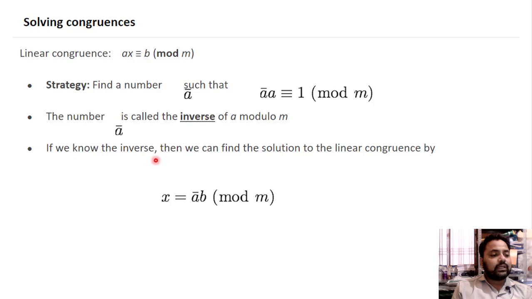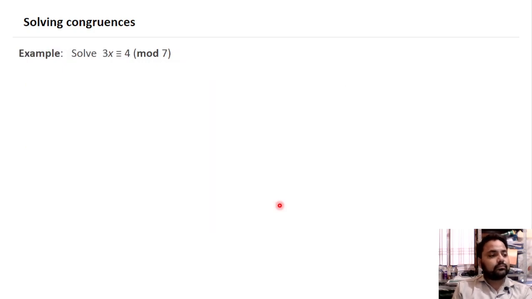If we know the inverse, then we can find the solution to the linear congruence by x is equal to A bar B mod M. For example, we are solving 3x congruent to 4 mod 7.